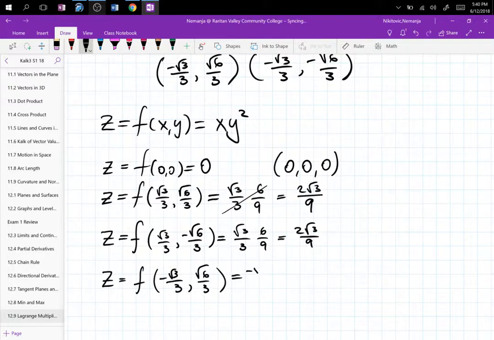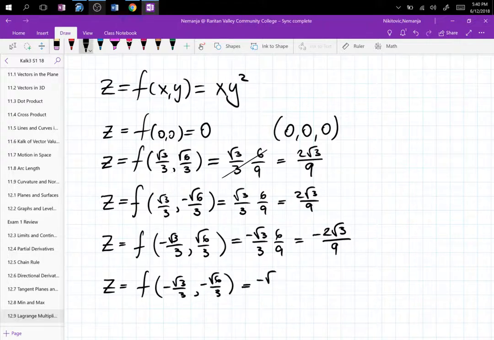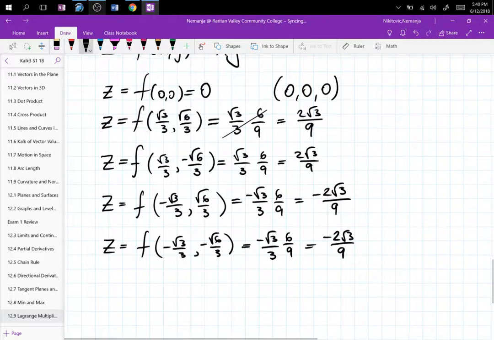That's going to be equal to negative root 3 over 3 times 6 over 9, which is negative 2 root 3 over 9. And finally, z equals f of negative root 3 over 3, negative root 6 over 3, which gives us another one of these, negative 2 root 3 over 9.